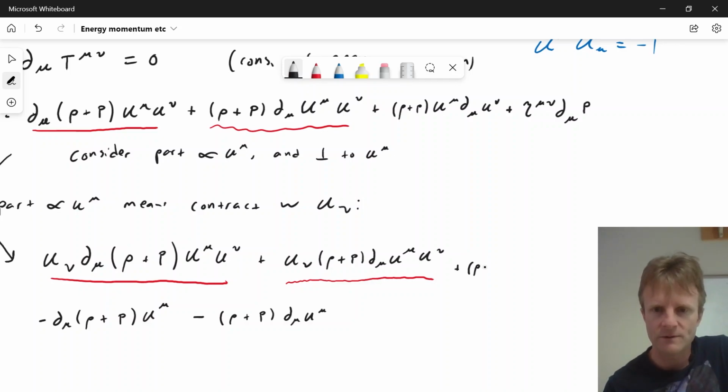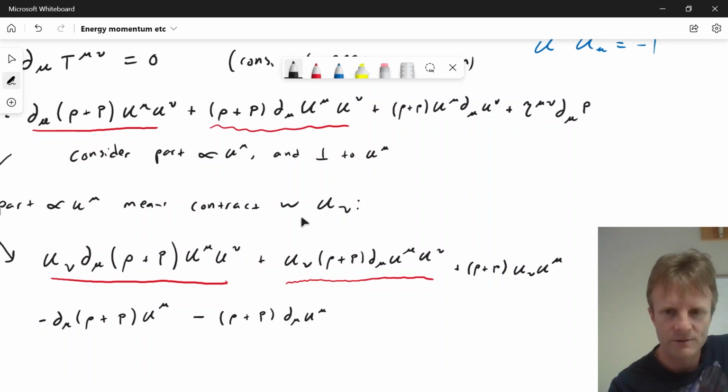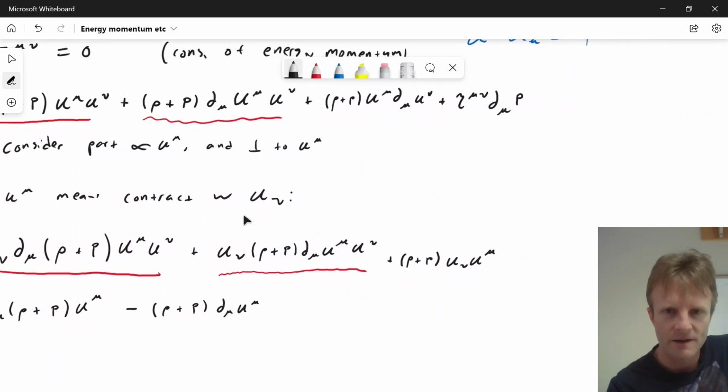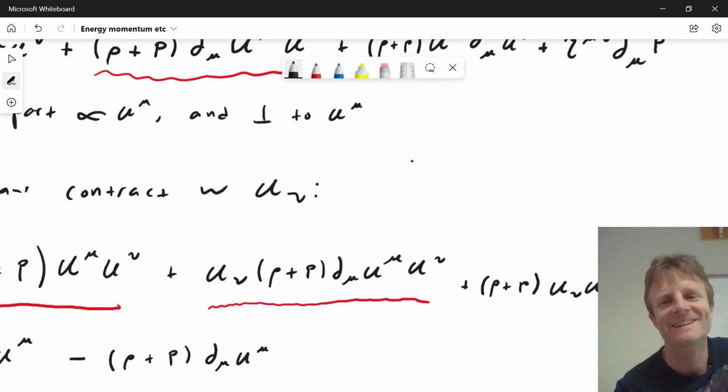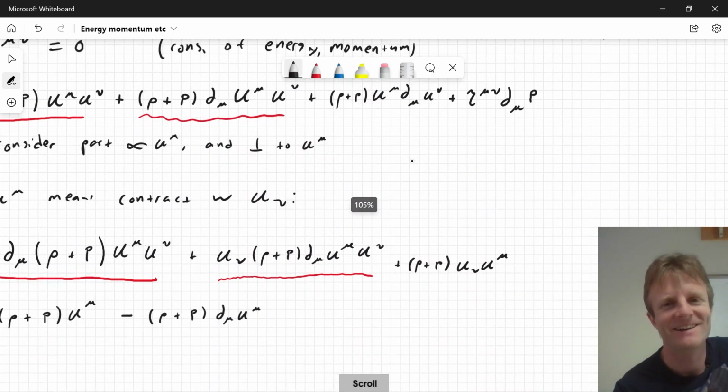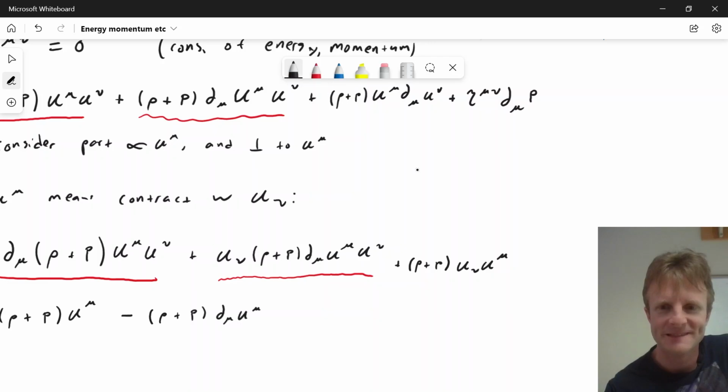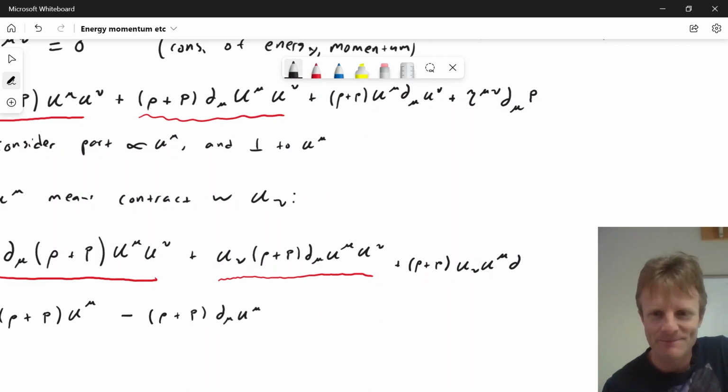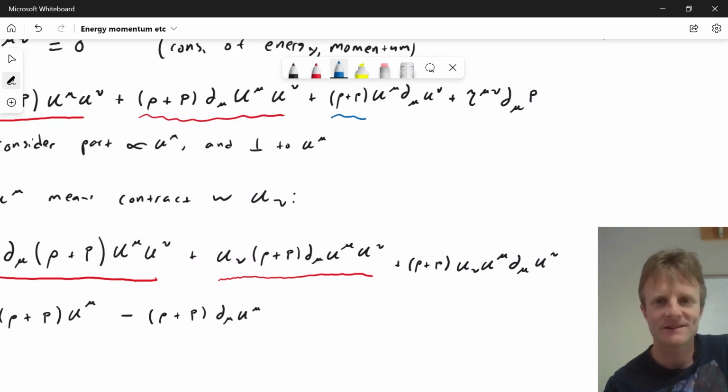So we have rho plus p. I'm going to put the u nu in front of the derivative. So u mu u nu, put it up again, u lower nu u upper mu. Still haven't figured out why it does that. Lower nu, u upper mu, partial lower mu, u upper nu. Okay, so that's this term.